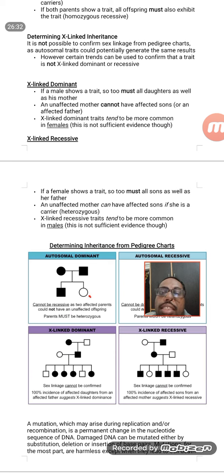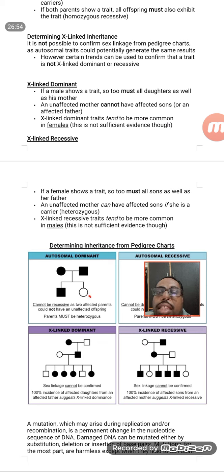And next one, that is X-linked dominance. X-linked dominance means it is caused by a sex chromosome. So the conditions for that: if a male shows a trait, so must all the daughters as well as his mother.